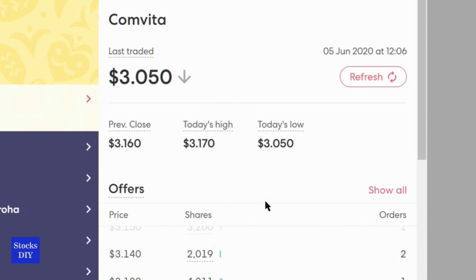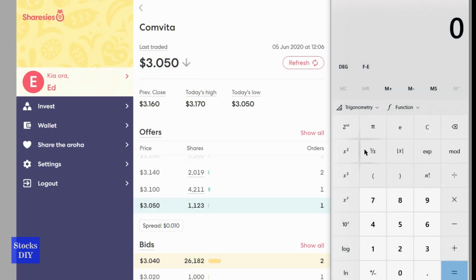So see here. Right now, the last traded is $3.05 compared to $3.16 that is shown in the front page of Sharesies. Okay. So, for example, you have $1,000. You purchase the stock at 3.05.